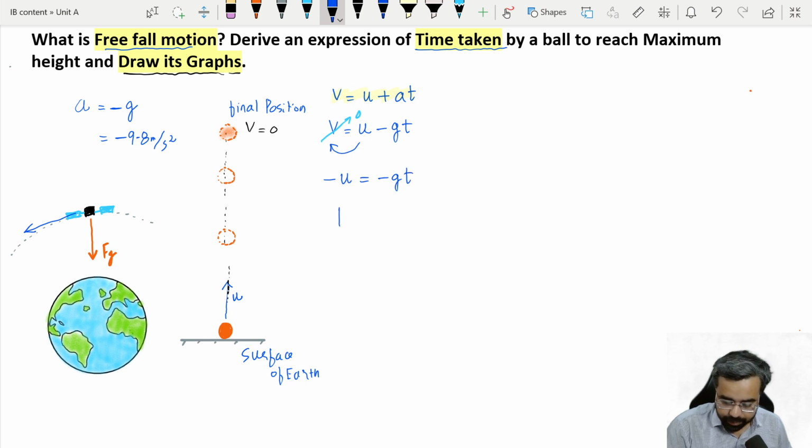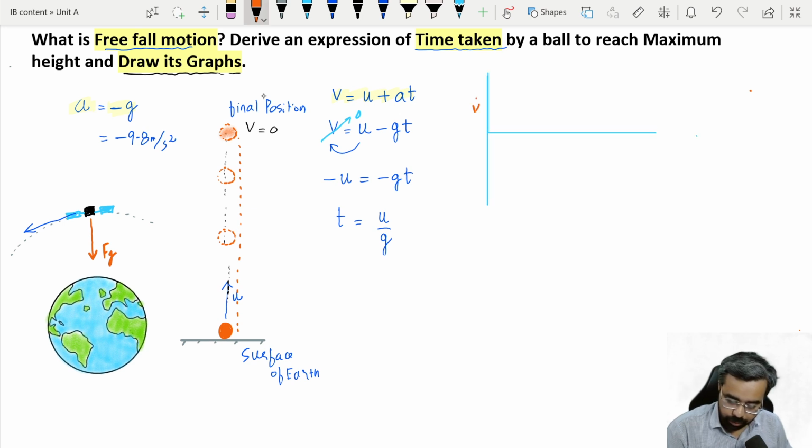So this is the time that is taken to reach maximum height, and that will be the same time taken by the ball to return from that position to the ground, because acceleration is constant, so it will take the same time. Motion is uniform. So if we draw its graph, let's start from the velocity time graph. Why?